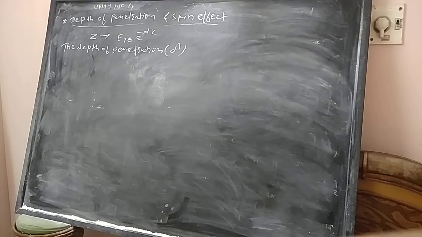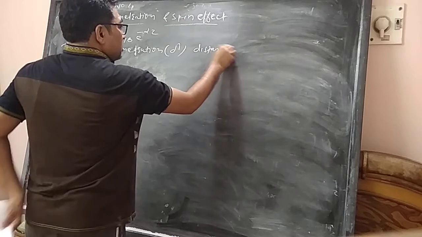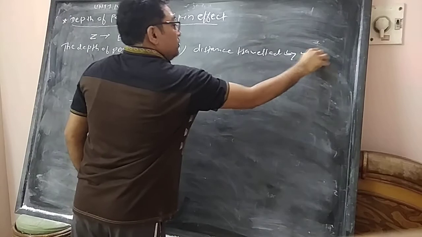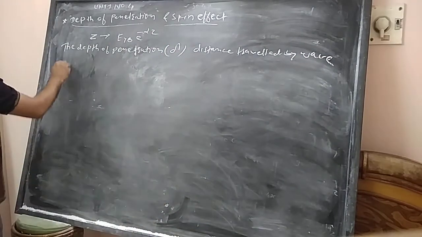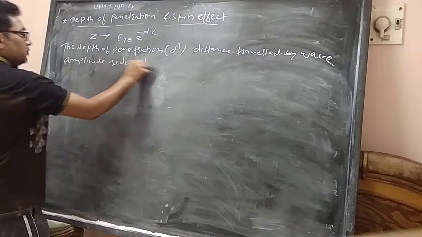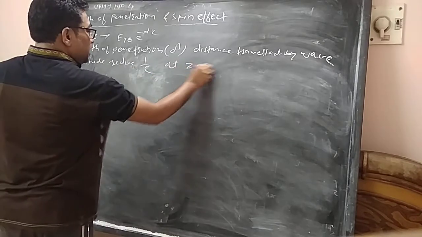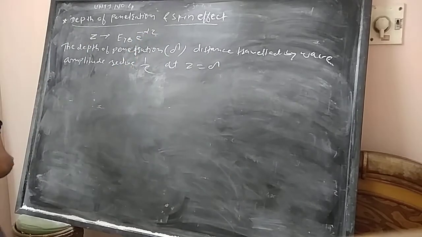Del is defined as the distance traveled by the wave in which the field amplitude reduced by 1 by e factor of initial value at z equal to del. So here we need to change the z in terms of the del.